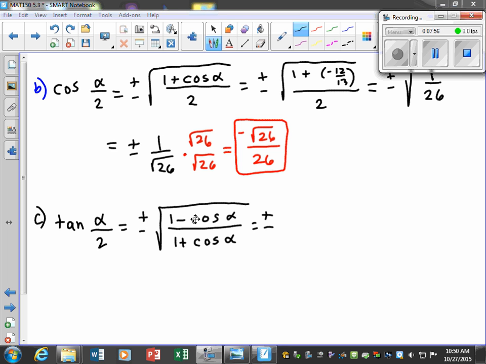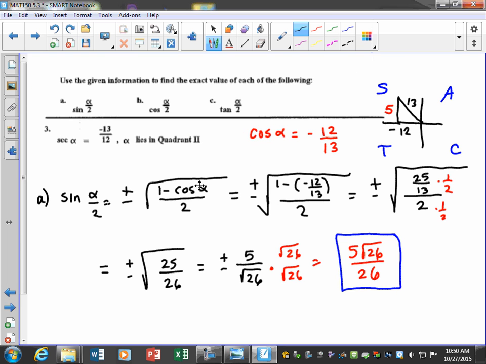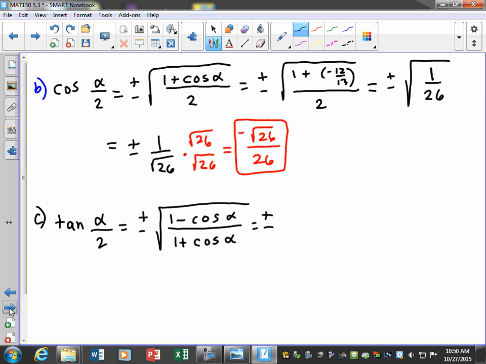Okay, 1 minus cosine alpha, if I look back at my previous page, when I simplified it, it was going to be that 25 over 13. So I could say the square root of 25 over 13. Or I can just leave this over the entire thing.